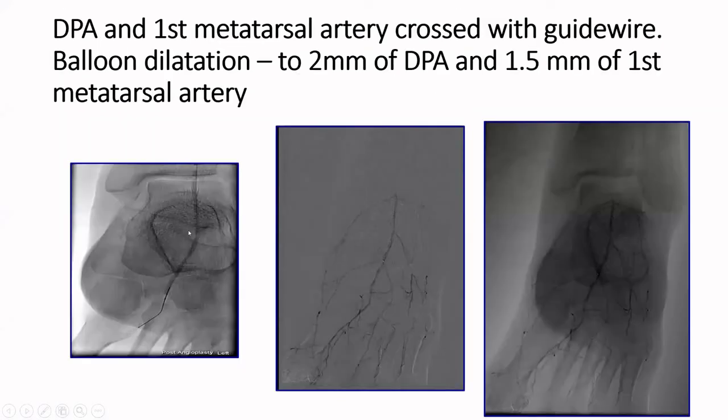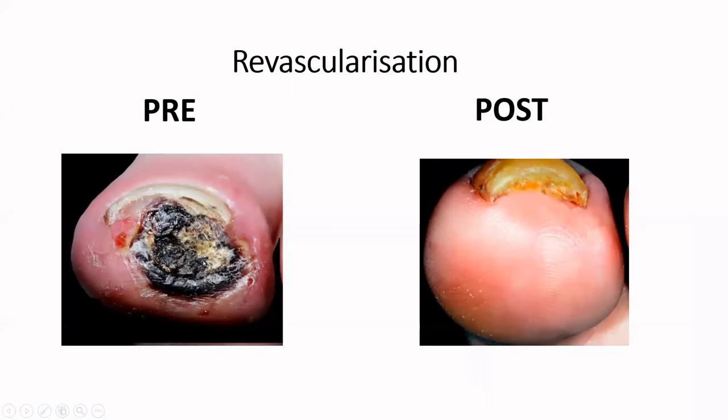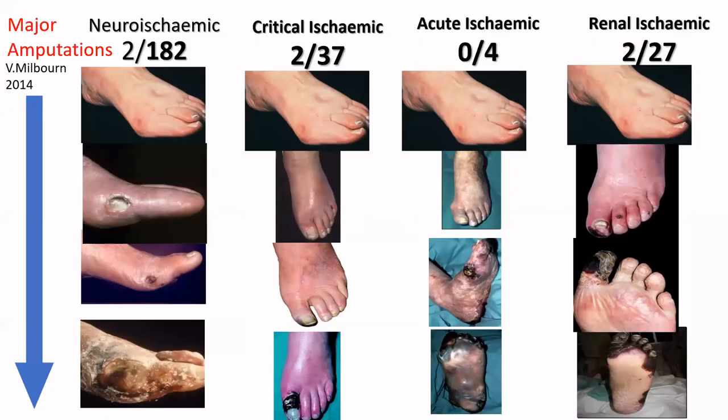The patient had a wire and then balloon put down to the dorsalis pedis and the first metatarsal artery, dilatation of the DPA and the first metatarsal artery to restore perfusion to the first ray, and that together with the podiatric care in the clinic facilitated healing.